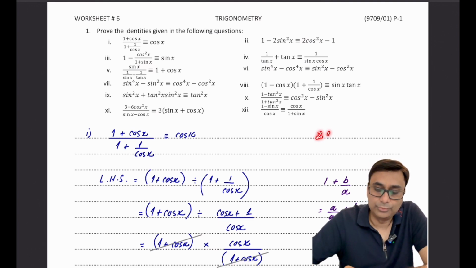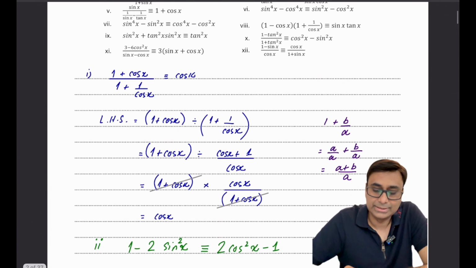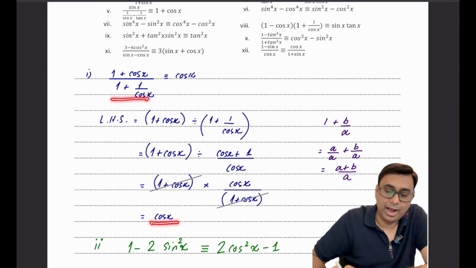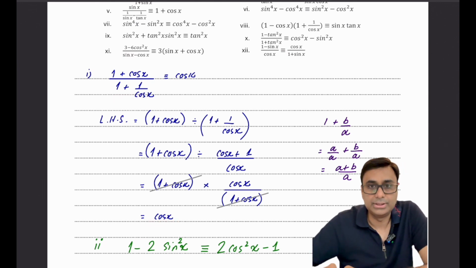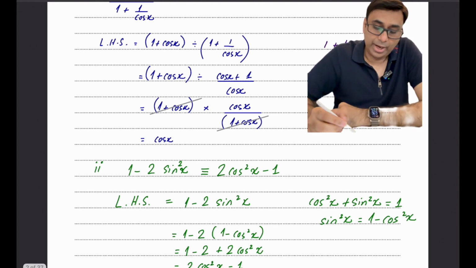It's just like if you add 2 plus 3 or 3 plus 2, you get the same result. So 1 plus cos x and 1 plus cos x cancel out and you are only left with cos x. And that is exactly what you have to prove over here. Once you start with one side and that simplifies to the other side, that means your identity has been proved. Let's move on to another example.